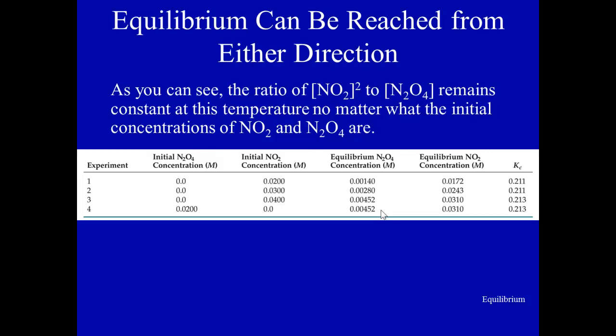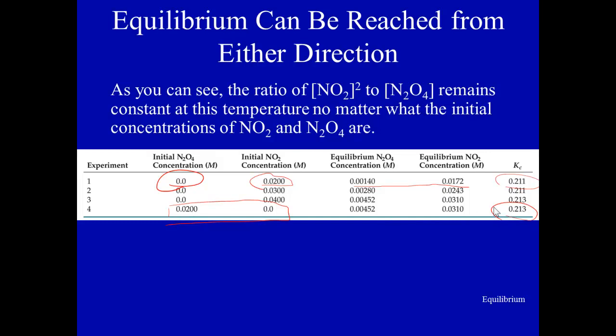What this is saying here is I can start with absolutely no nitrogen dioxide or dinitrogen tetraoxide, and I can put in 0.02 nitrogen dioxide and look at my products and reactants and look at my Kc. Okay. Here in experiment 4, all I did was flip the amounts. Okay. Now I didn't start with any nitrogen dioxide, and I started with the dinitrogen tetraoxide. Okay. And look, I still get the same Kc amount.